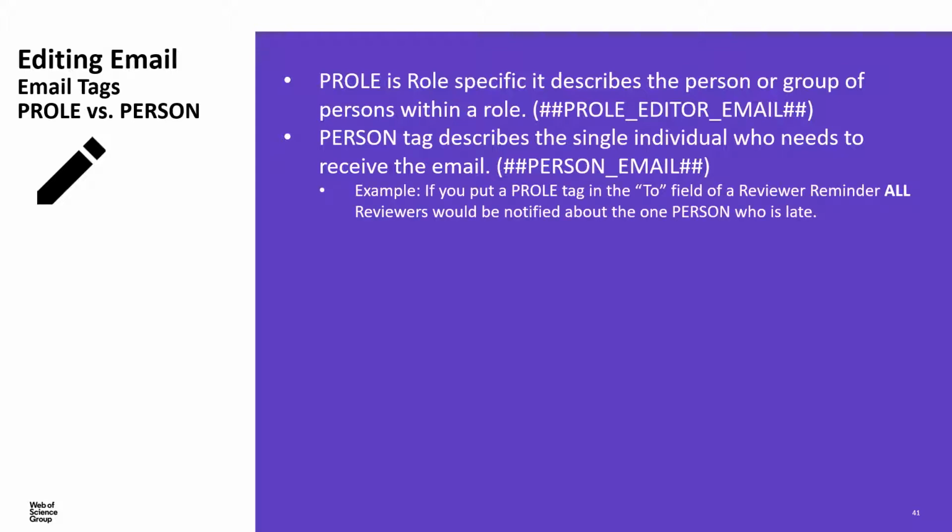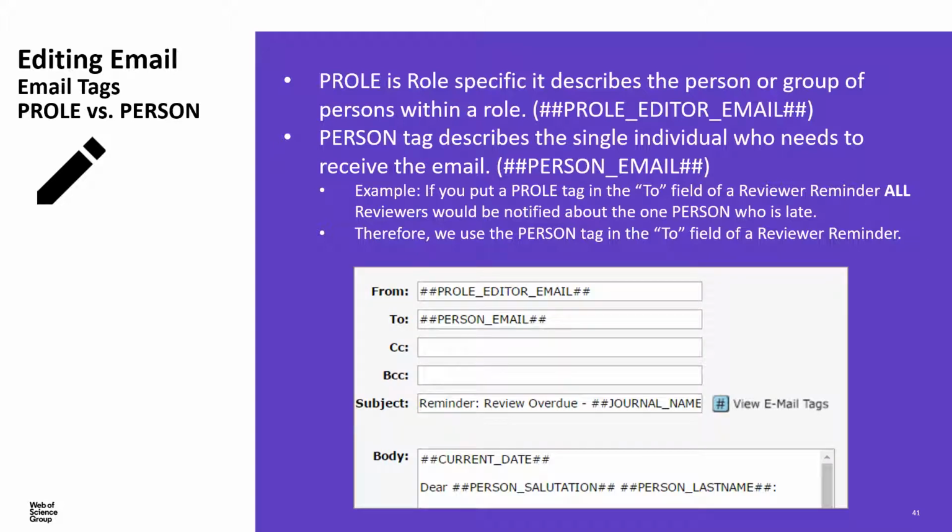Example: if you put a p-roll tag in the To field of a reviewer reminder, all reviewers would be notified about the one person who is late. Therefore, we use the person tag in the To field of a reviewer reminder. And here's our example.